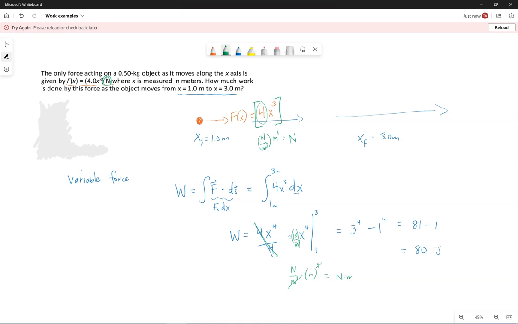That is what leaves us with the newtons times a meter, which is a joule. So the integration in and of itself gives us the work done by that force as we move between those two positions for x. So variable force, we must integrate to find the work.